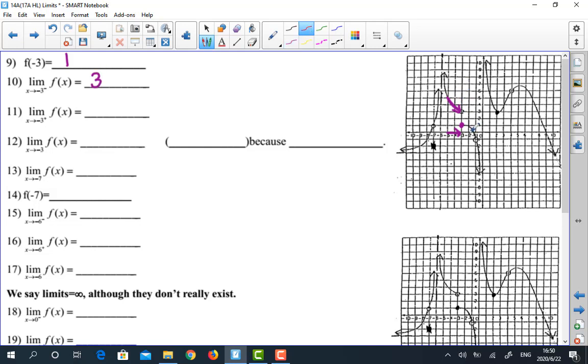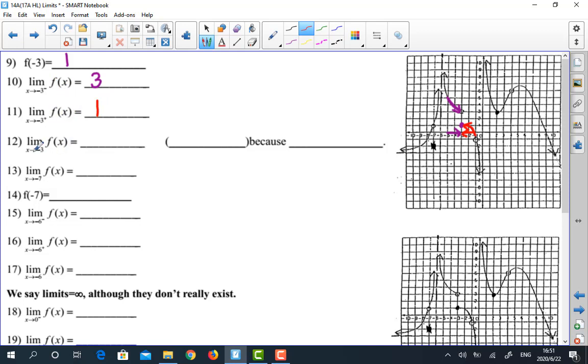The right-hand side limit value. When x is approaching negative 3 from the right-hand side, the graph should be this one. So the y value is approaching 1. The left-hand limit is not equal to the right-hand limit.